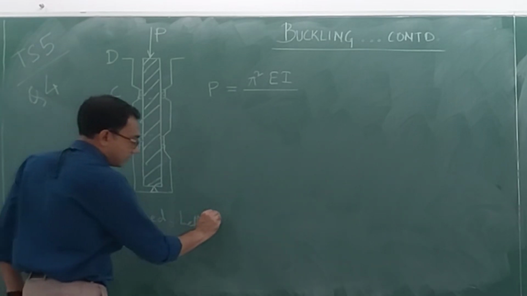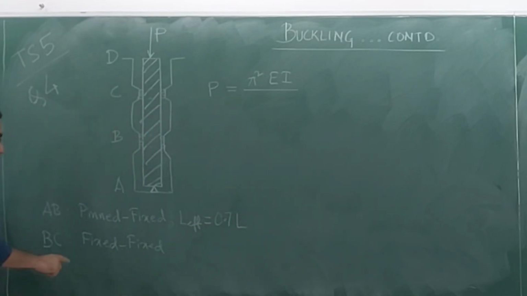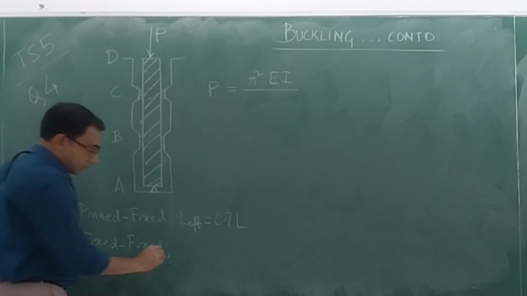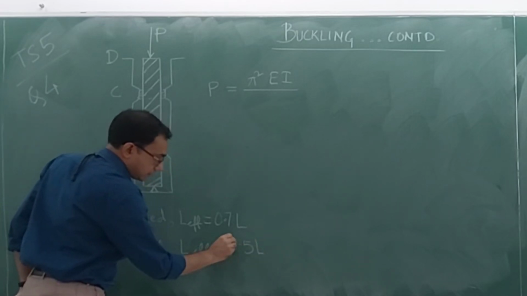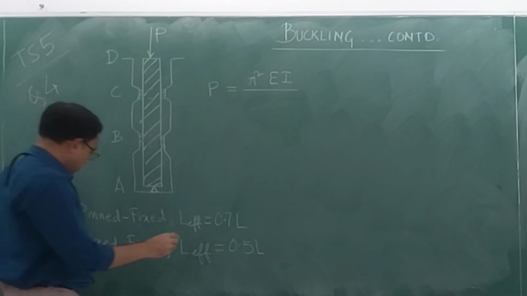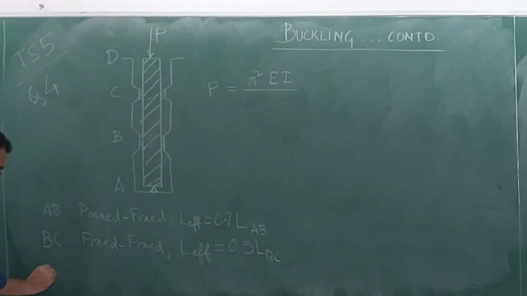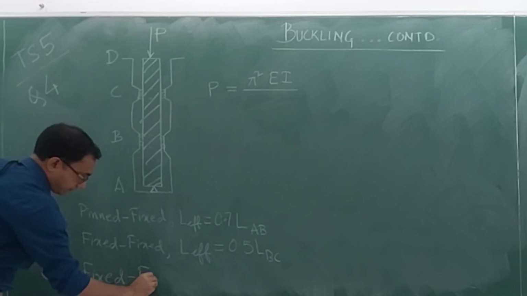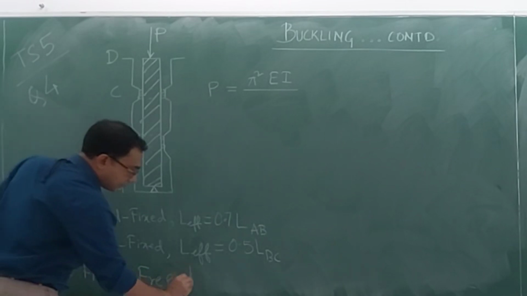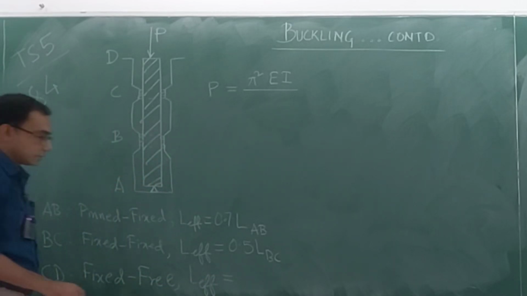Yes, 0.7 L. For fixed-fixed, this is 0.5 L. Exactly. So we have to write this as LAB, and we have to write this as LBC. And for CD, this will be fixed free. Go back to your notes and tell me what was the L effective for fixed free. It was twice L.